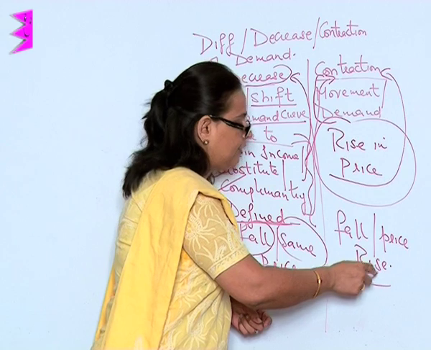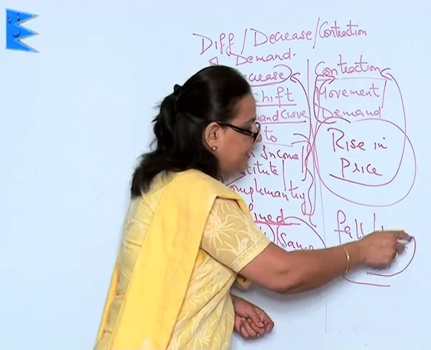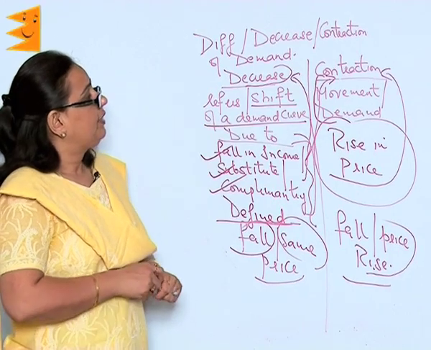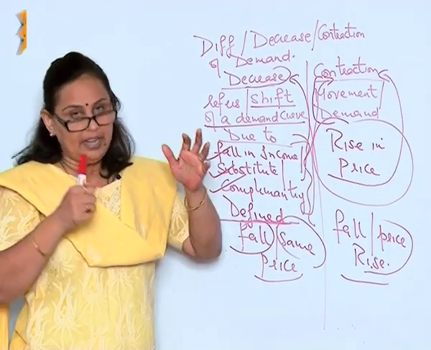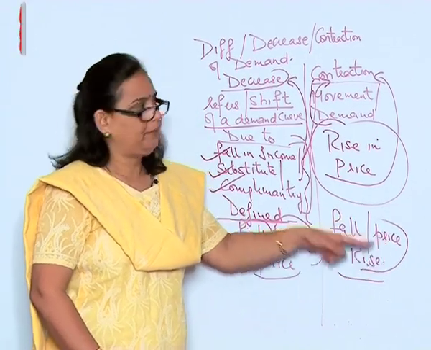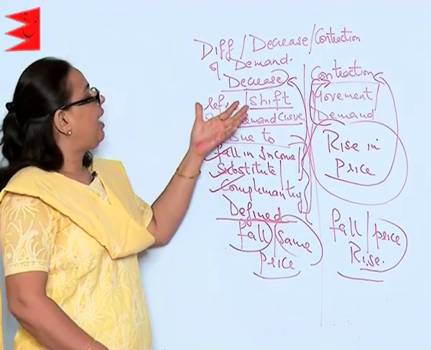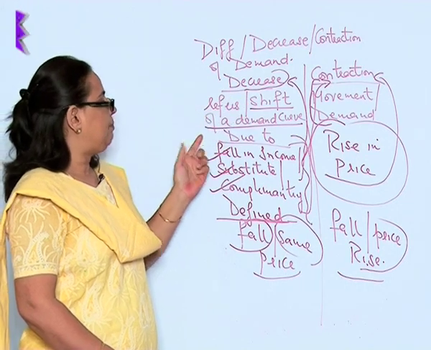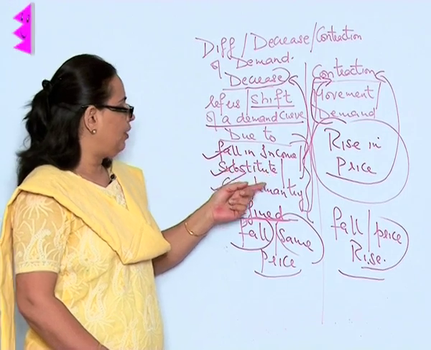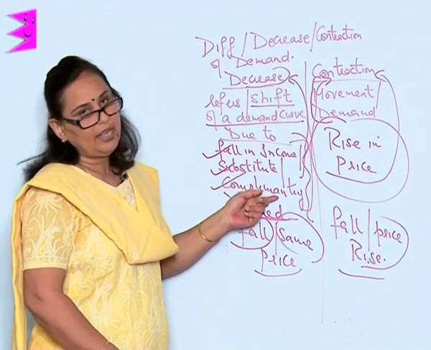It occurs only because of the rise in the price. So, here in contraction, the major factor affecting is just the price and price alone, whereas demand decrease gets affected by the income of the consumer, price of the substitute good, price of the complementary goods, and so on.